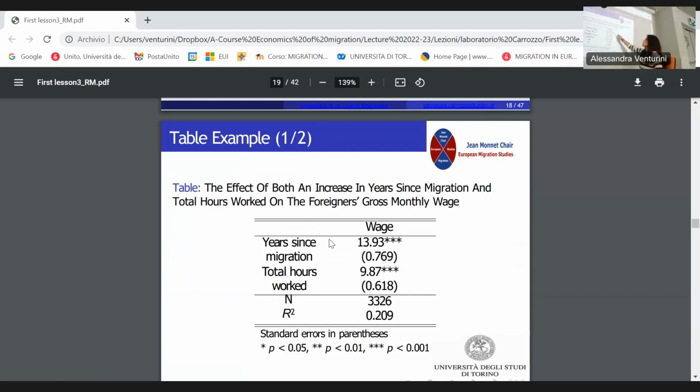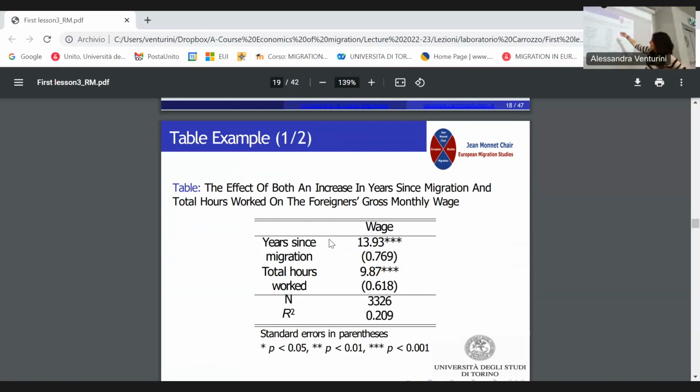It was like this before, and it is like this later. This is very important because you should add variables which are independent among themselves. You cannot add a variable which causes the other variable. So the two are explanatory variables of the monthly wage.